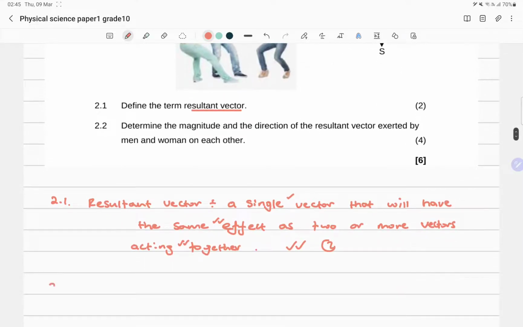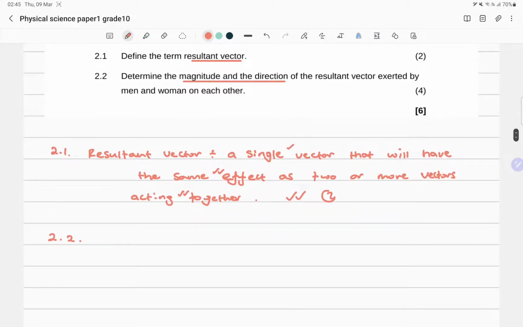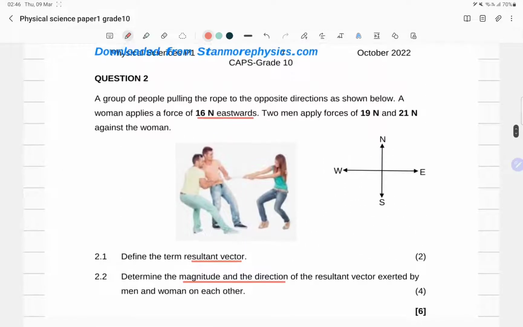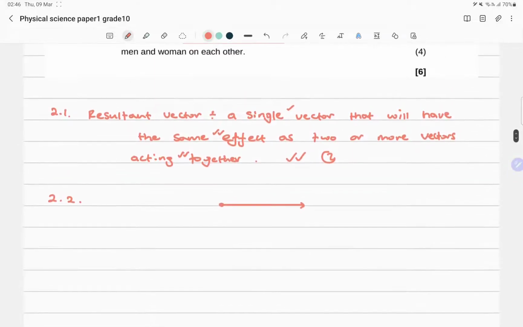Okay, 2.2, it says now determine the magnitude and direction of the resultant vector exerted by the man and woman on each other. So here we can just say this is the point of that rope, the center. We saw that the woman applied a force in this direction. That force was 16 newtons.